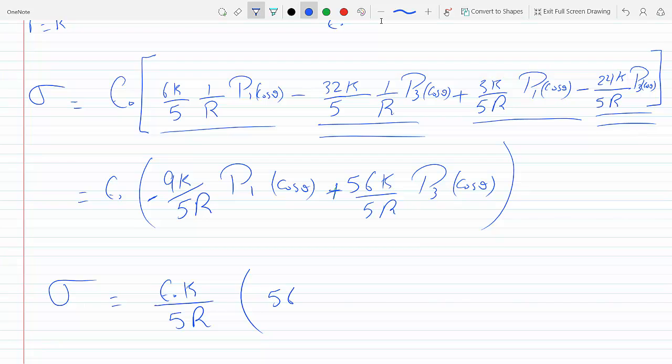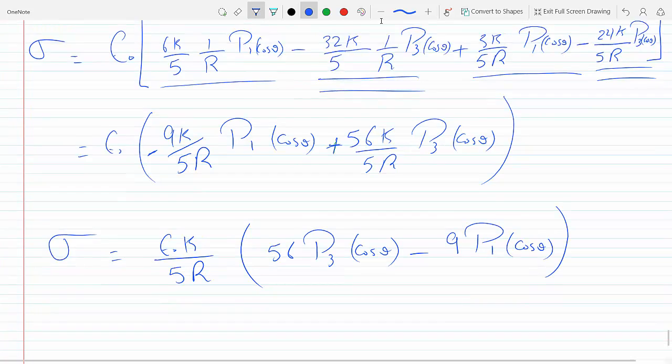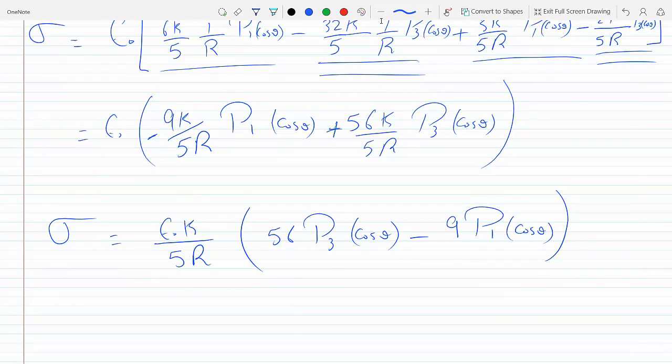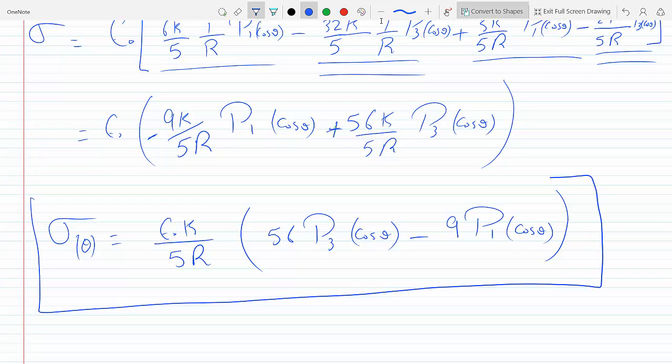So that's 56 P3 cosine theta minus 9 P1 cosine theta. If you want, you can plug in for what those Legendre polynomials are and get it in terms of the angle theta, because we know what those are. But basically, this is the surface charge density on the sphere as a function of theta.